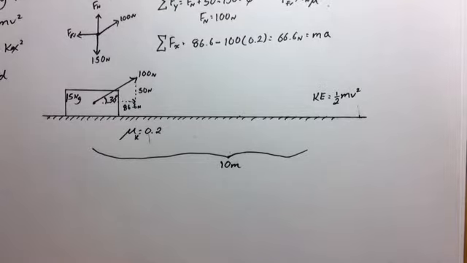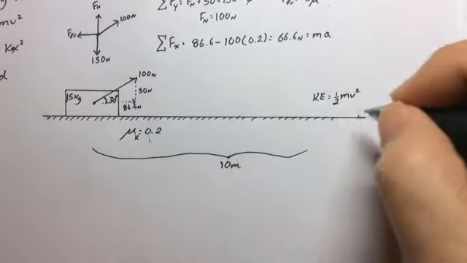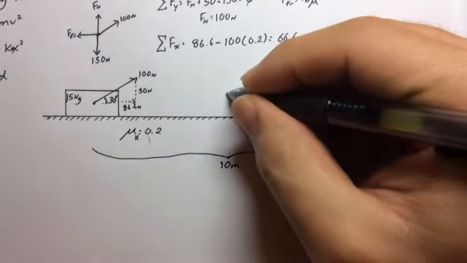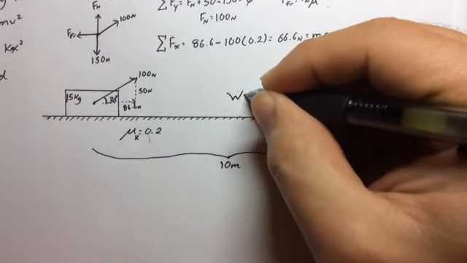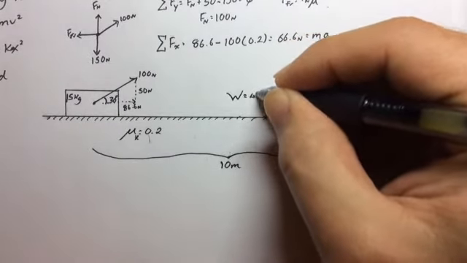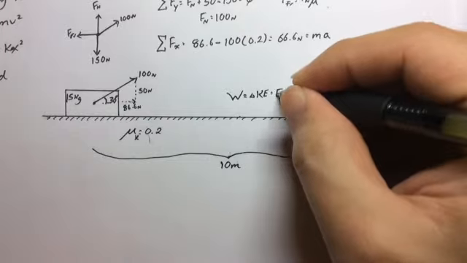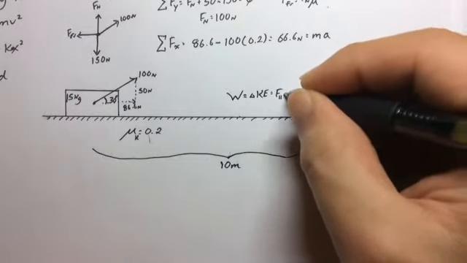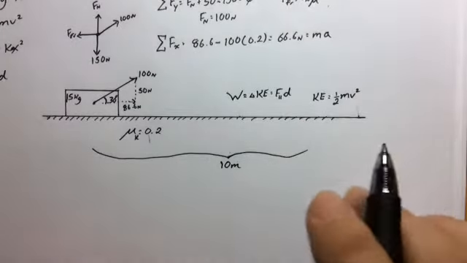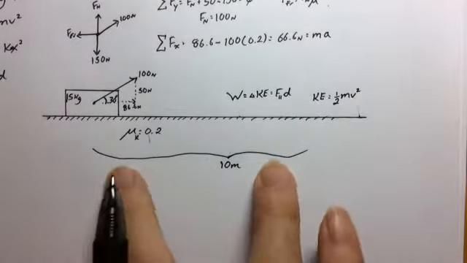Something has to be giving it kinetic energy, and we should know from earlier videos that work is equal to a change in kinetic energy. And work is equal to a force that is parallel to a certain displacement. It just so happens that we have a displacement, it's 10 meters, and we have two forces that are parallel to that.